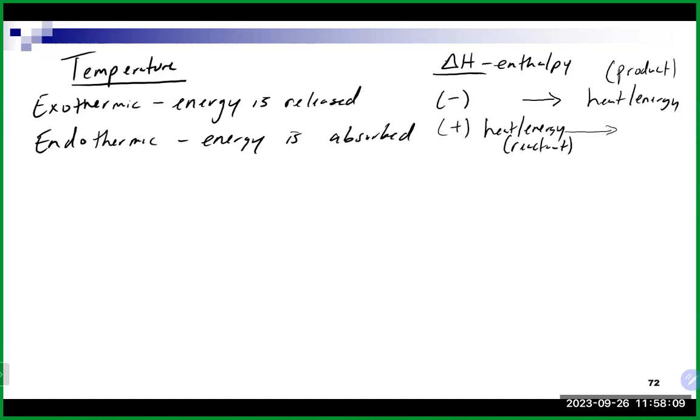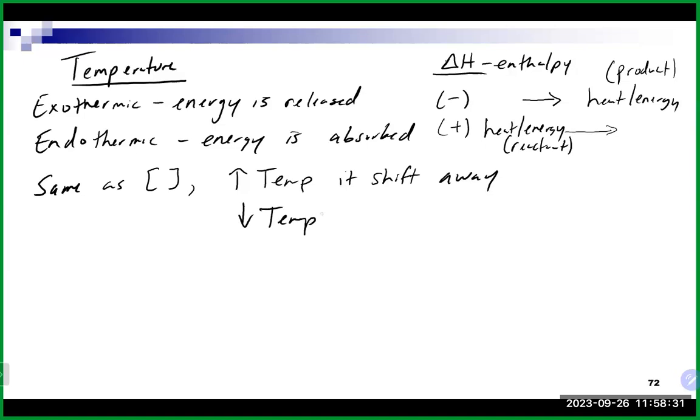That's really important because temperature works the same as concentration, which means that if you increase the temperature, it will shift away, and if you decrease the temperature, it will shift towards.